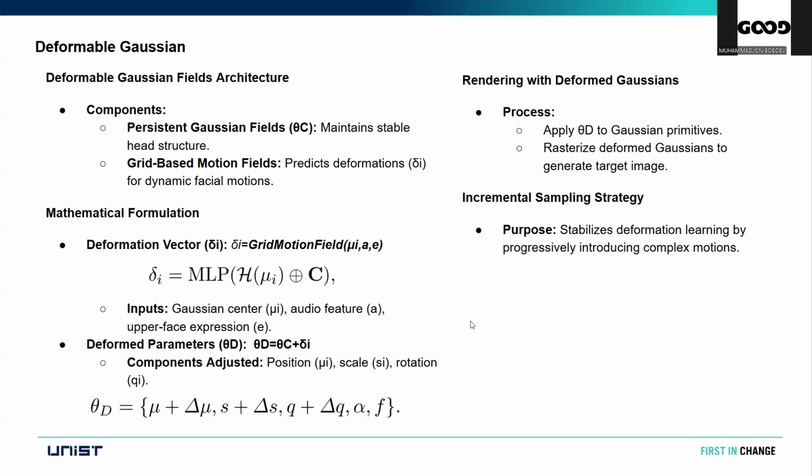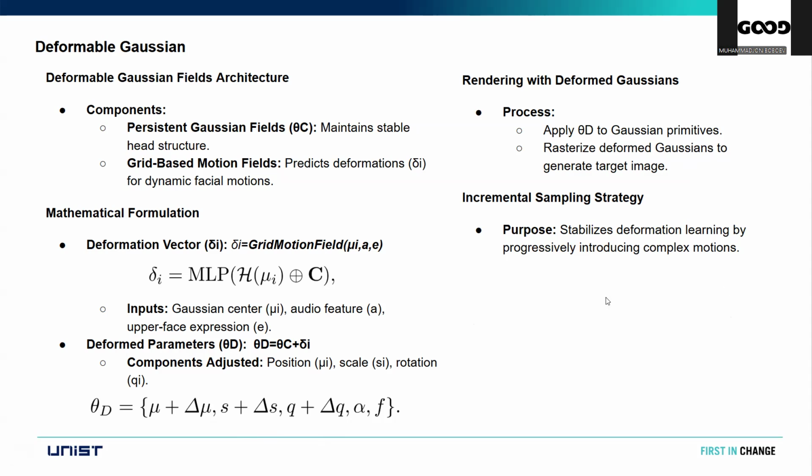The rendering process would then apply the deformed parameters to the Gaussian primitives. So we apply each deformed position, deformed scale, and deformed rotation to each Gaussian primitive, and we rasterize the deformed Gaussians to generate a target image.